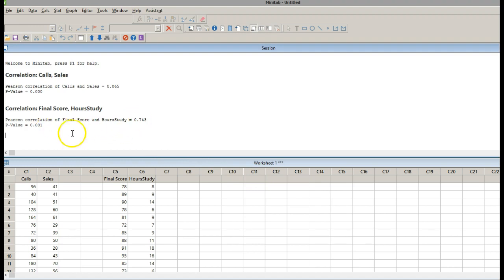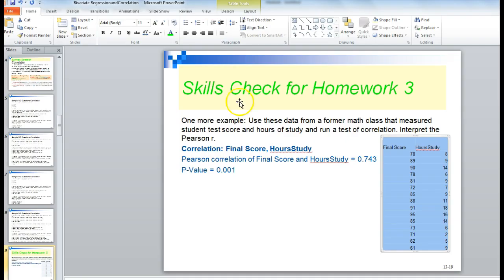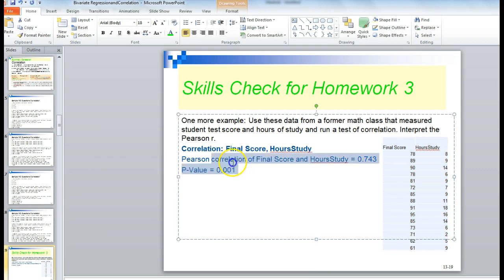And this is my result. I have a p-value of 0.001 and a positive correlation coefficient in the sample of positive 0.743. Voila, that worked. Yay. See if you can do it.